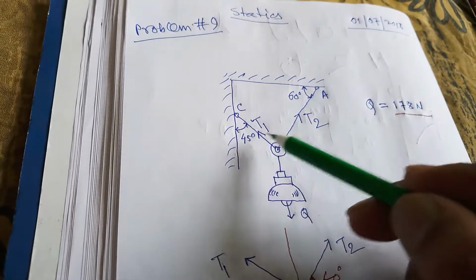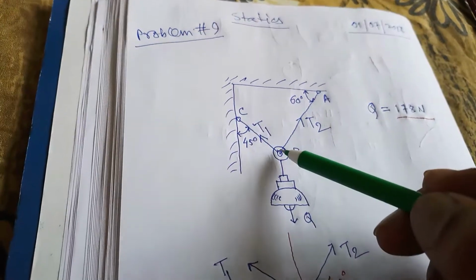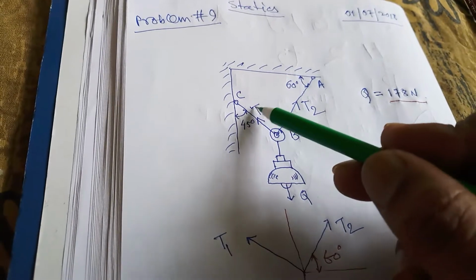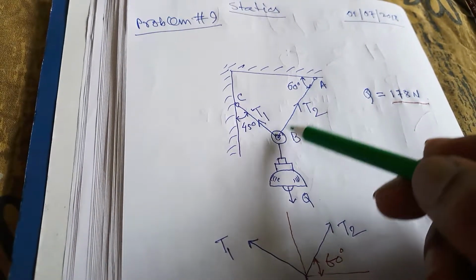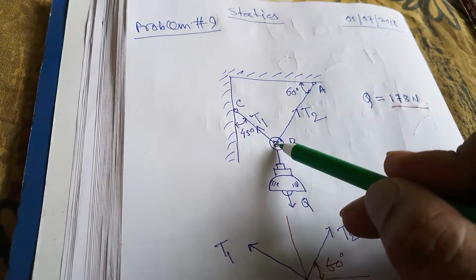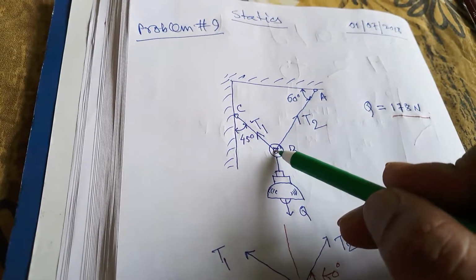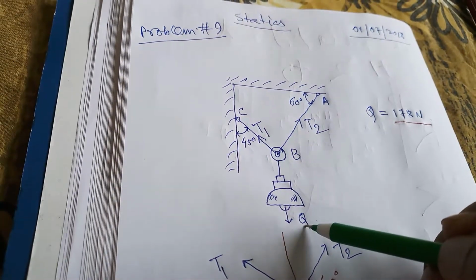So obviously in both the strings tensile force will be induced. Say the tensile force in the string BC is denoted by T1 and the tensile force in the string BA is denoted by T2. So on this point, three forces are acting together: T1, T2 and the weight Q.